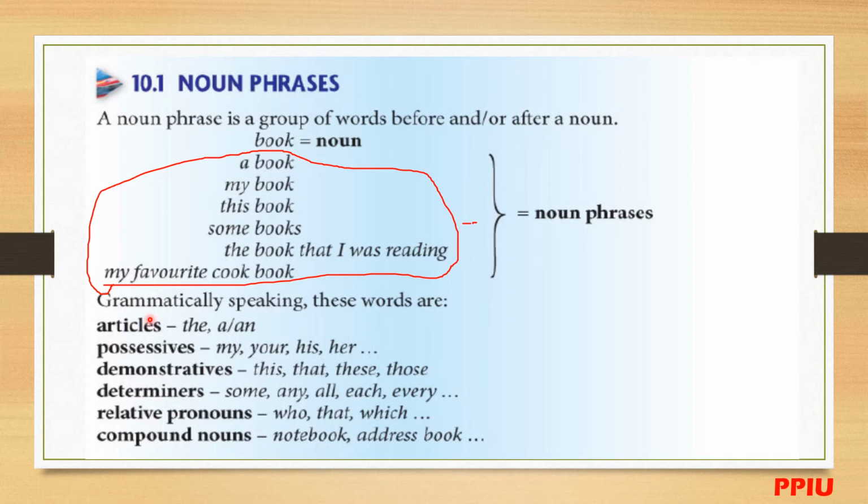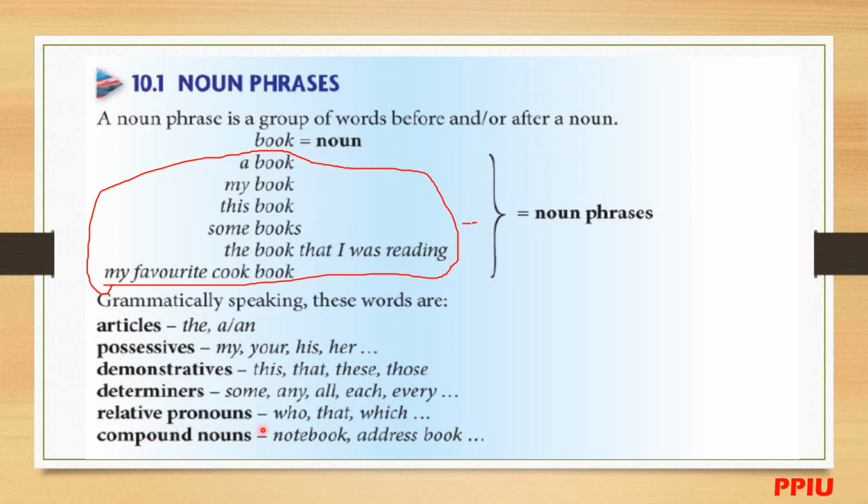Grammatically speaking, these words are articles: a, an, the. Possessives: my, your, his or her. Demonstratives: this, that, these, those. Determiners: some, any, all, each, every.